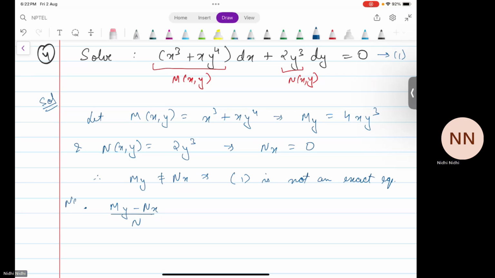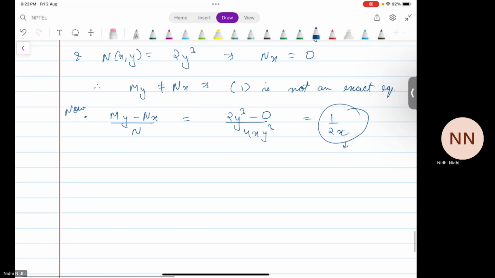Now this is equal to 2y cube minus 0 by, what is N? 4xy cube. So we are left with 1 by 2x. Now this is a function with only one variable x. This is a function only in x.